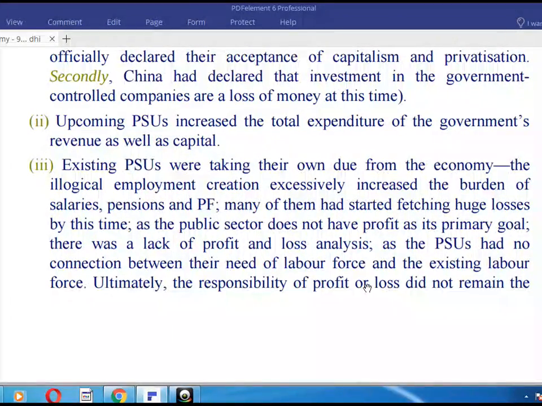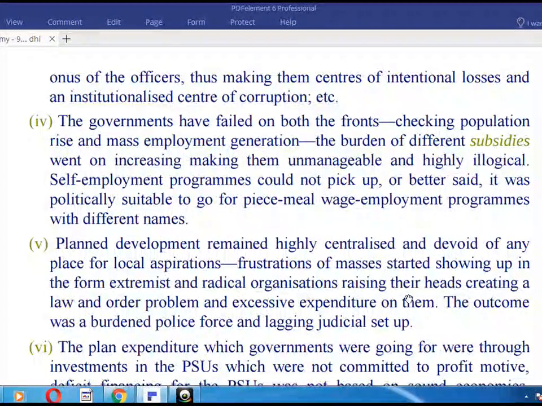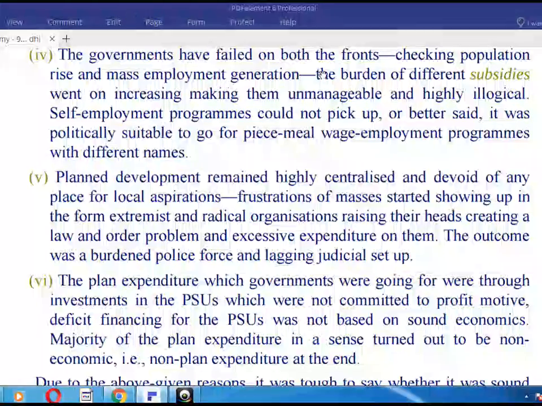Ultimately, the responsibility of profit or loss did not remain the onus of the officers, thus making them centers of institutional losses and institutionalized centers of corruption, etc. The government failed to grow the sector with funds, taking into account the population rise and mass employment generation. The burden of different subsidies went on increasing, making them unmanageable and highly illogical.